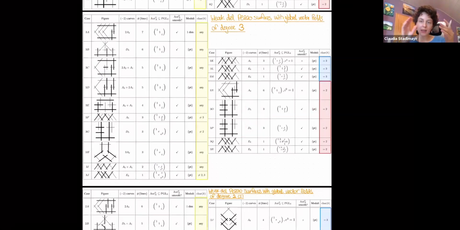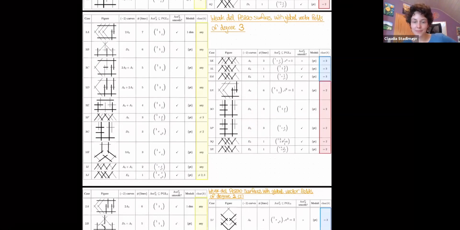And if we contract the configurations of -2 curves, we get 2 different rational double points of type D5. For this, you have to know that in characteristic 2, there is more than one D5 rational double point, because they are not taut anymore, so they're not uniquely determined by their diagram. And these 2 cases are precisely the 2 rational double points, D5-1 and D5-0.